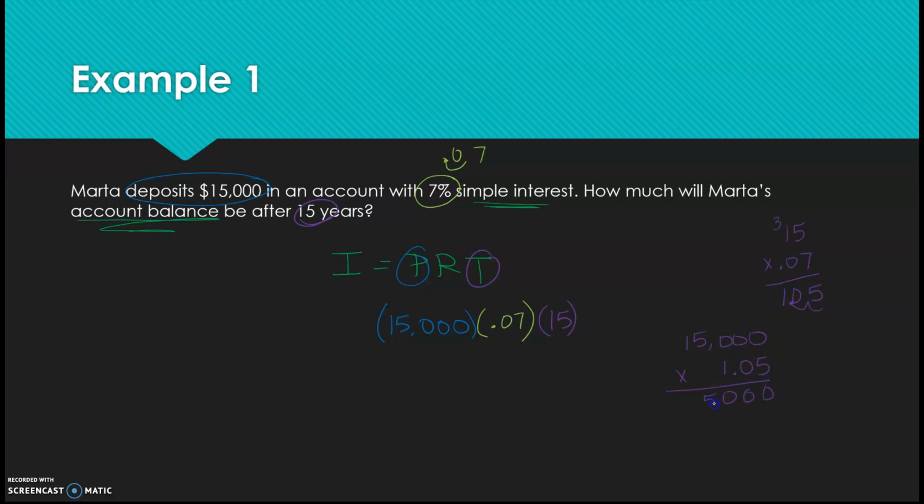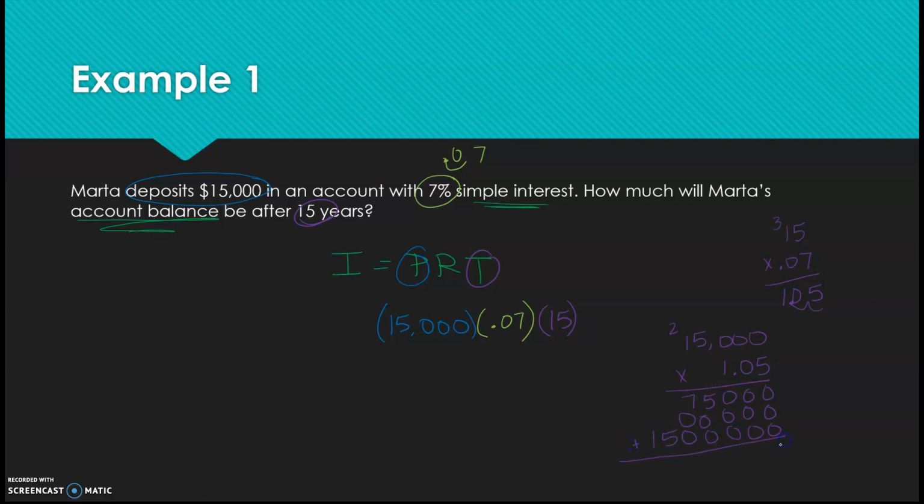5 times 0, 5 times 0, 5 times 0. 5 times 5 is 25. The 5 goes down, the 2 goes top. 1 times 5 is 5, plus 2 is 7. I'm on the second number, which is zeros. Now I'm on the third, so I have 2 placeholders, and then 1 times 0. So 1, 2, 3 zeros. 1 times 5 is 5. 1 times 1 is 1.